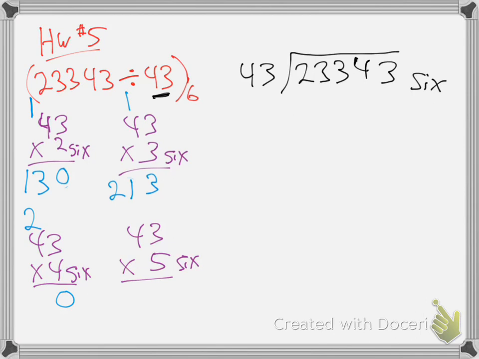4 times 4 is 16. Add 2 is 18. 3 6s. Right? 3 6s is 18. None remaining. Good. One more. 5 times 3 is 15. How many 6s can we carry away? 2 6s.